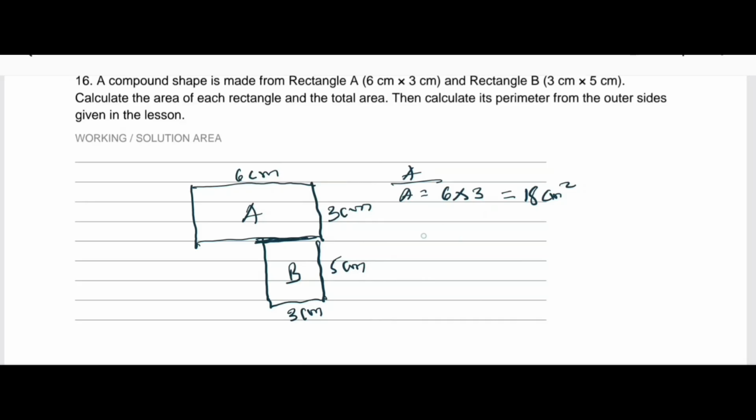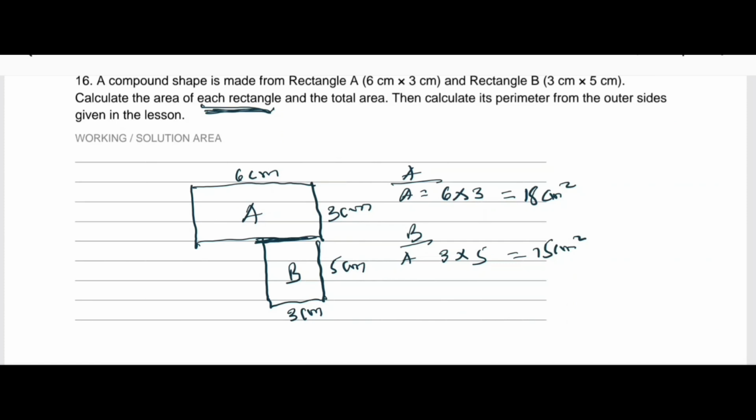Then rectangle B, the area is 3 centimeters times 5 centimeters, which is equal to 15 centimeters squared. So rectangle A is 18 centimeters squared, and rectangle B is 15 centimeters squared.